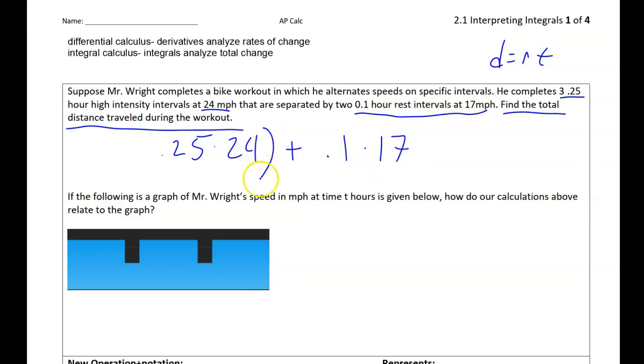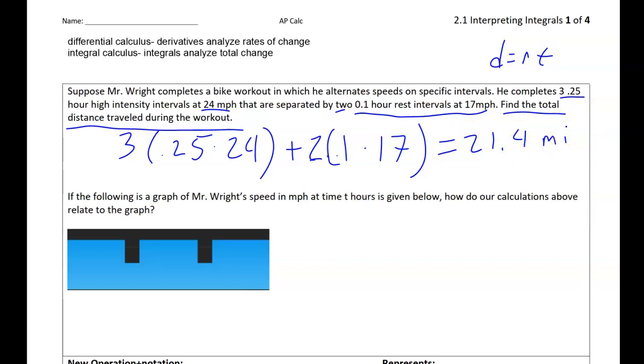And then notice we did 3 of these, and then we did 2 of these. So there's my math, and I'm just doing distance equals rate times time. And what we get is 21.4 miles.